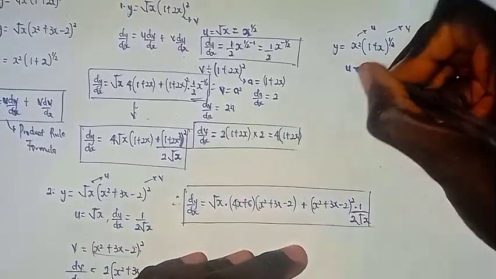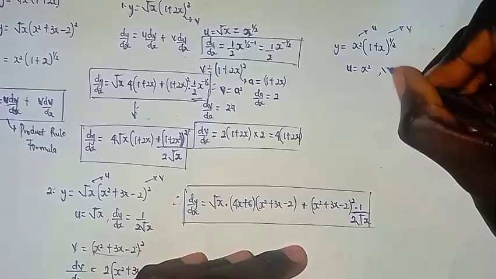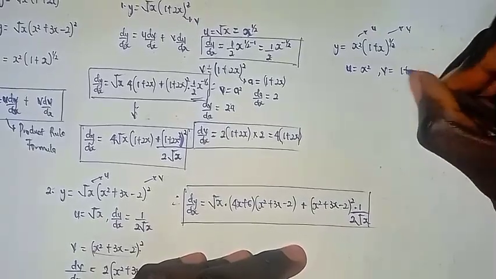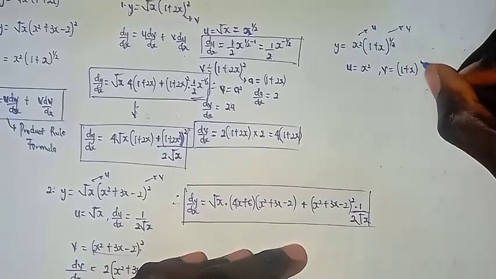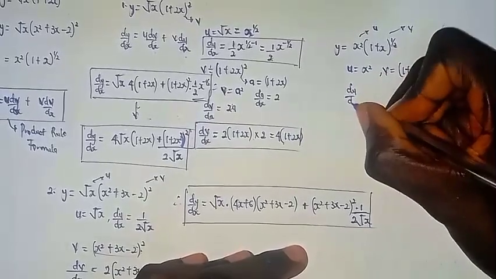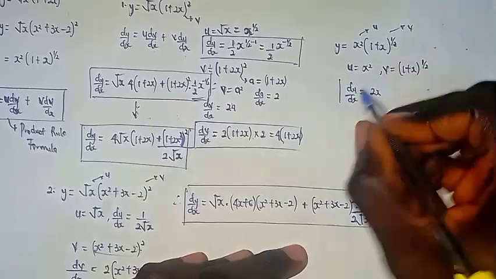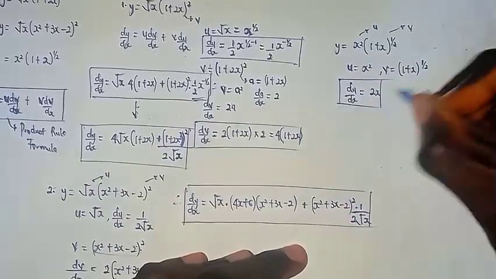So u is x squared, and then v is (1 plus x) raised to the power of half. So du over dx becomes 2x.